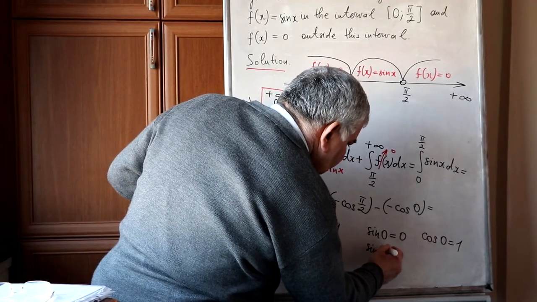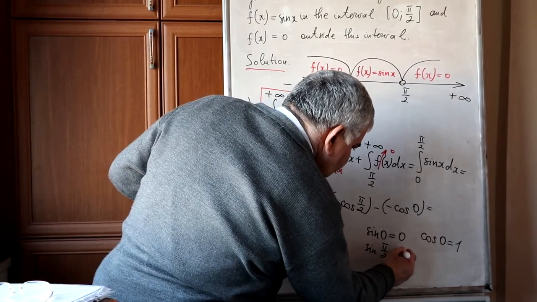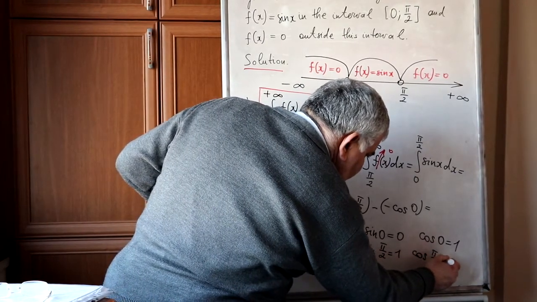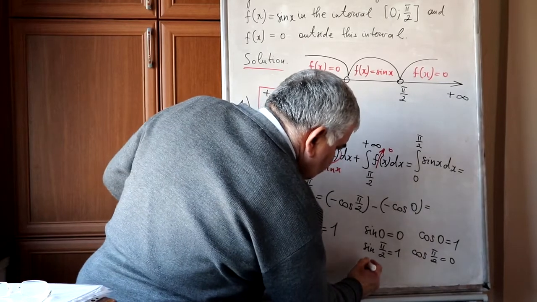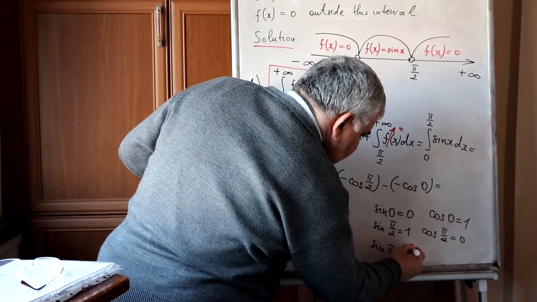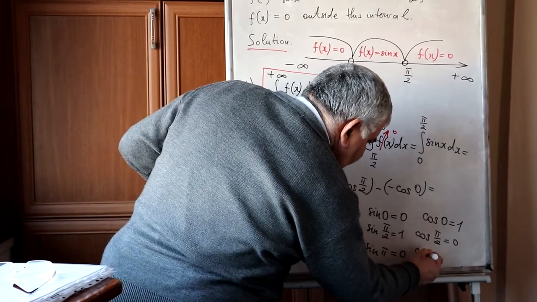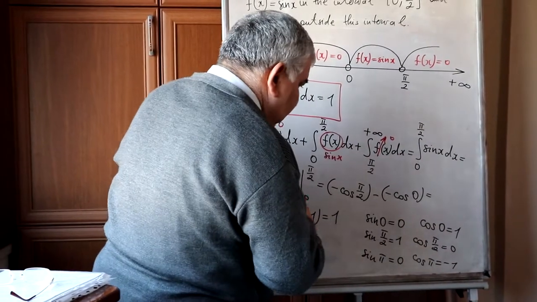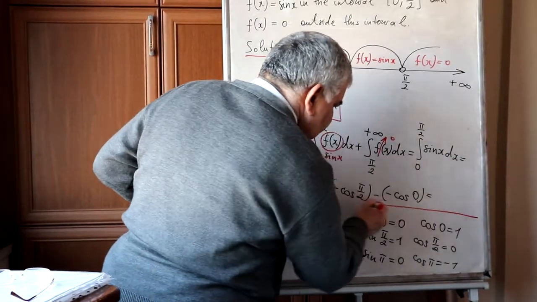Sine of pi in half is unit, and cosine of pi in half is 0. Sine of pi is 0, and cosine of pi is minus 1. You must remember these formulas.